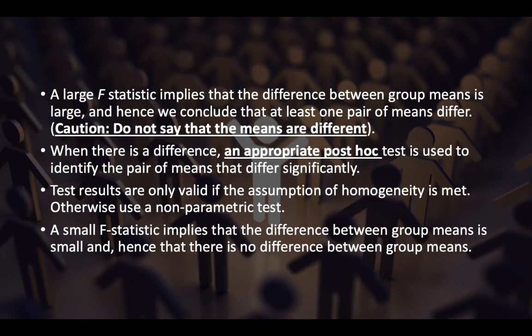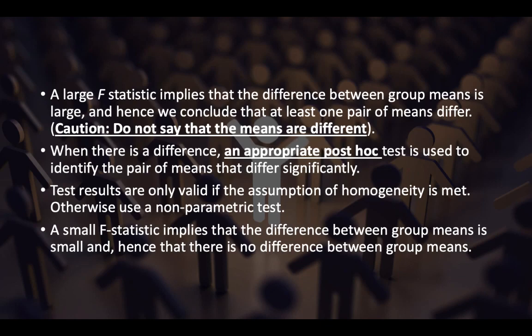In ANOVA, our main concern is to take a look at the F statistic, where a large F implies that possibly at least one pair of means will differ significantly. Okay, do not say that the means are different, but you have to say that at least one pair of means differ significantly.